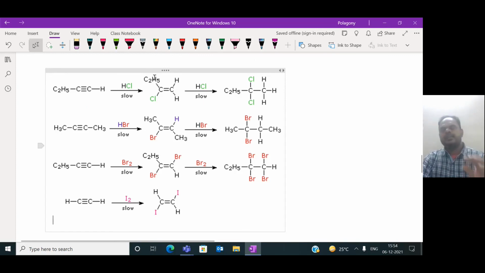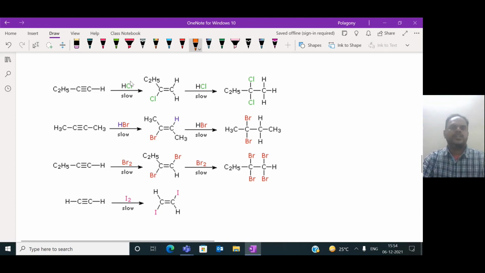And alkynes undergo the hydrohalogenation process. In this process, we will take the example of addition of HCl to the triple covalent bond, where between the carbons there is a triple bond. When HCl is added to this triple bond, in the first step we get a chloro-derivative alkene.